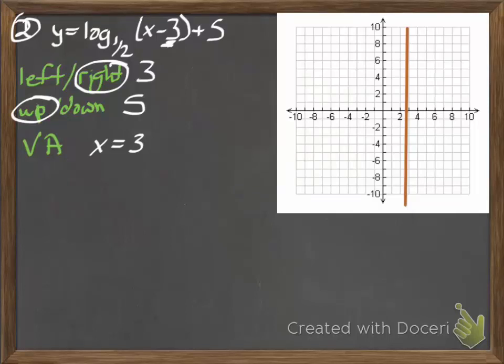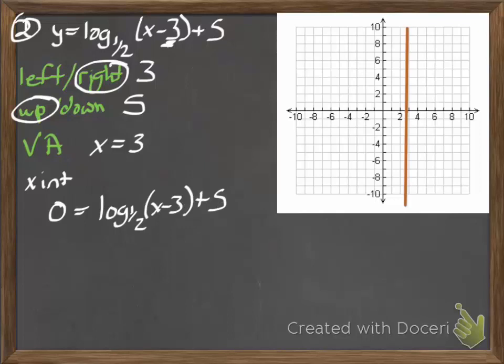Okay, and so the next thing we found was our x-intercept, correct? And so x-intercept is when I replace the y with 0. And then we're going to do some transformations to solve it.